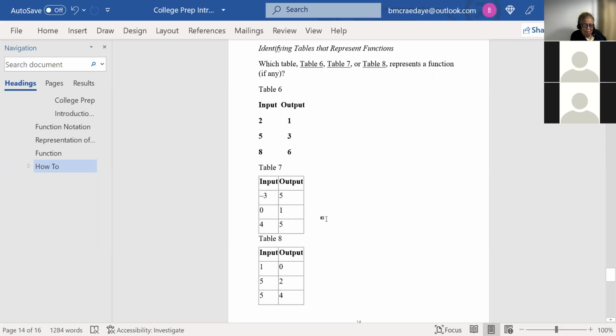Latoya, what about 7? Function or not? No. You say no? Why do you say it's not a function? Because the first one is a negative. Yeah, functions can be negative.